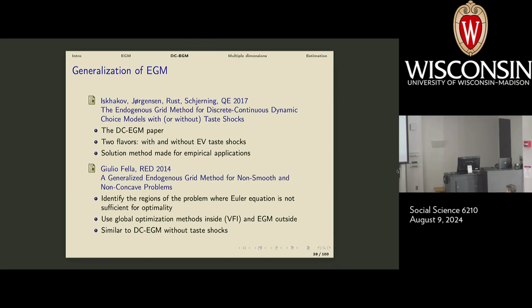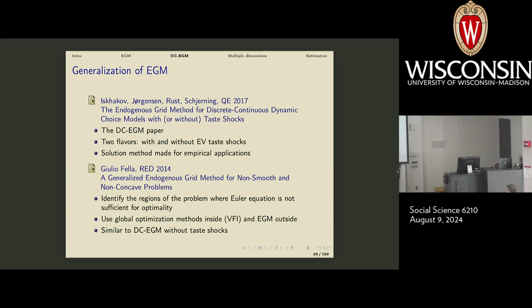All right, so what happens in DCEGM? What I'm going to be talking about is primarily from this paper, and this builds a lot on the Fella paper in 2014. We made a solution method for empirical applications, as you will see.